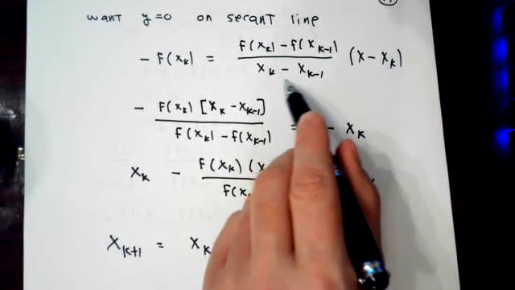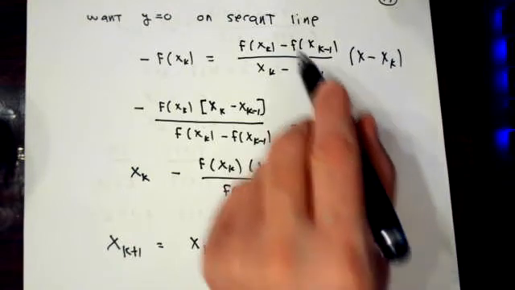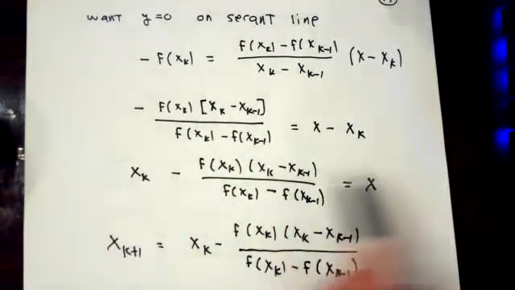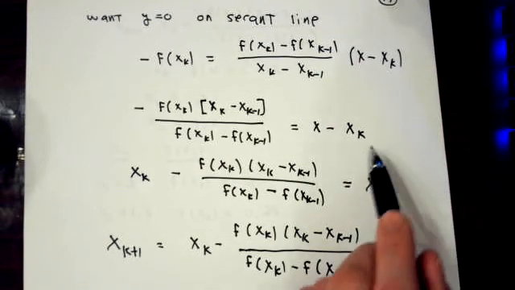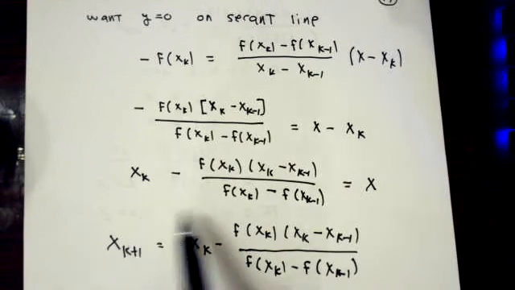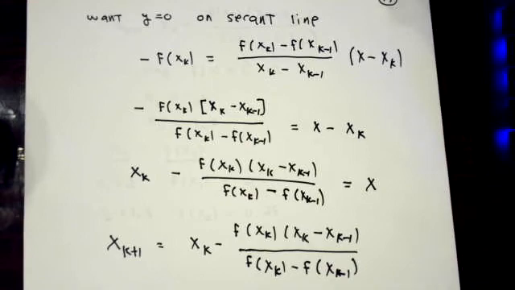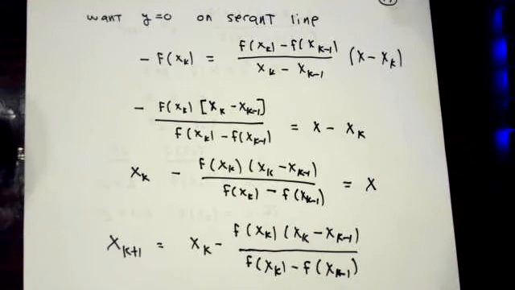Multiply both sides by xₖ minus xₖ₋₁, and divide both sides by f(xₖ) minus f(xₖ₋₁), and you'll find that this equation must be true. And then, just as in Newton's method, add xₖ to both sides. So the newer and more improved estimate is given by this formula.